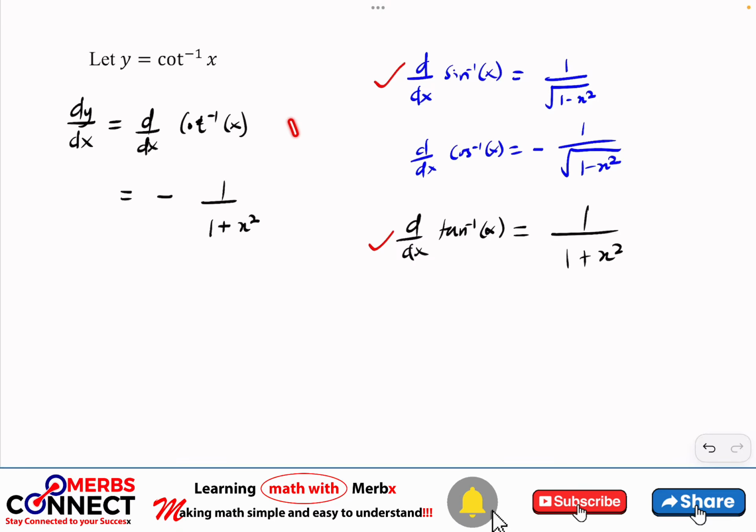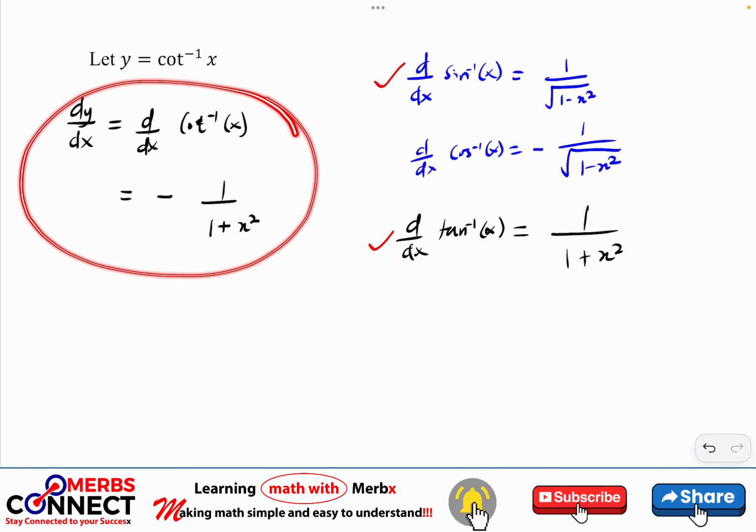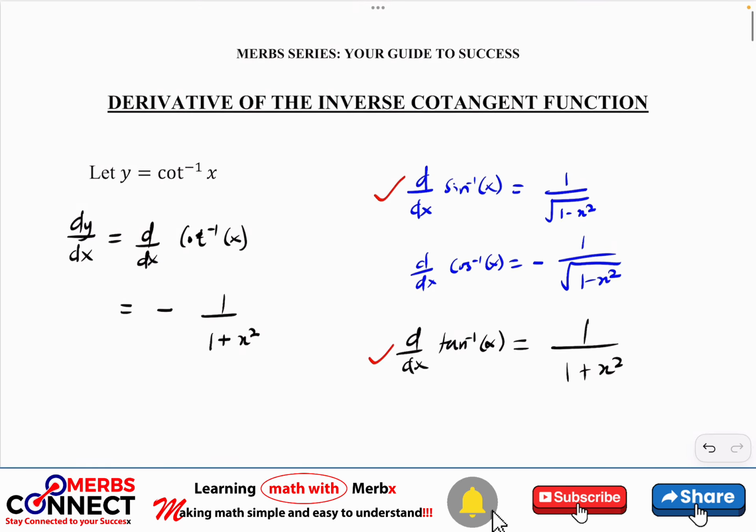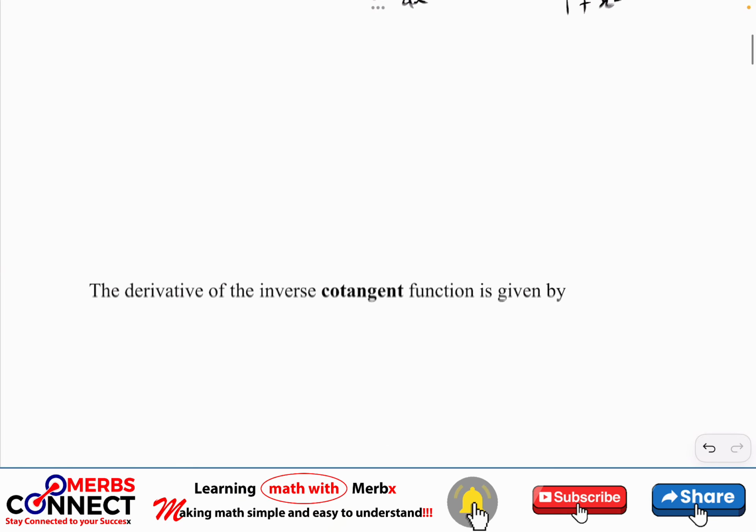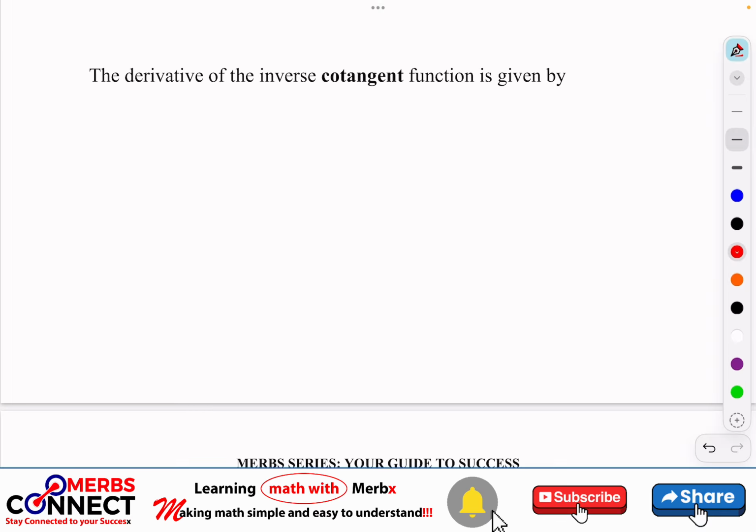So this is what we get when we differentiate cot inverse. Right. So now we know that when I differentiate the cotangent inverse of x, this is just minus 1 over 1 plus x squared.